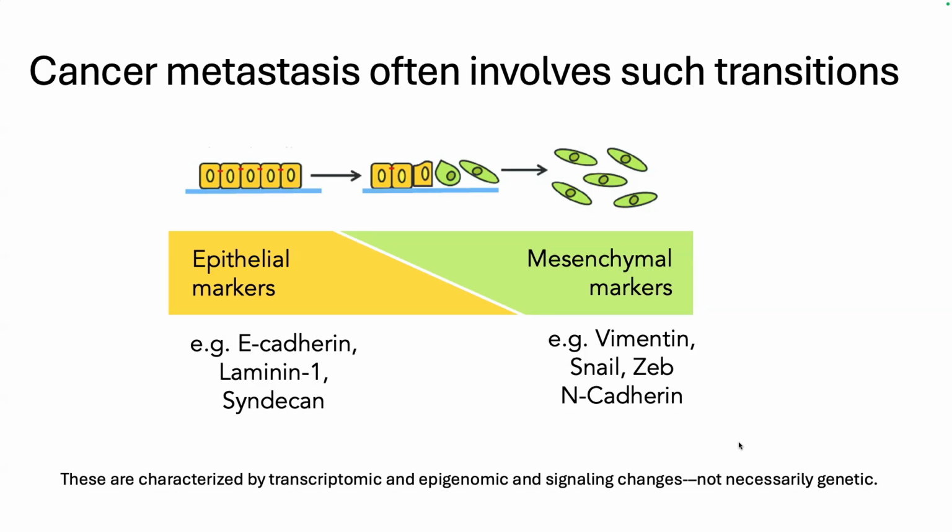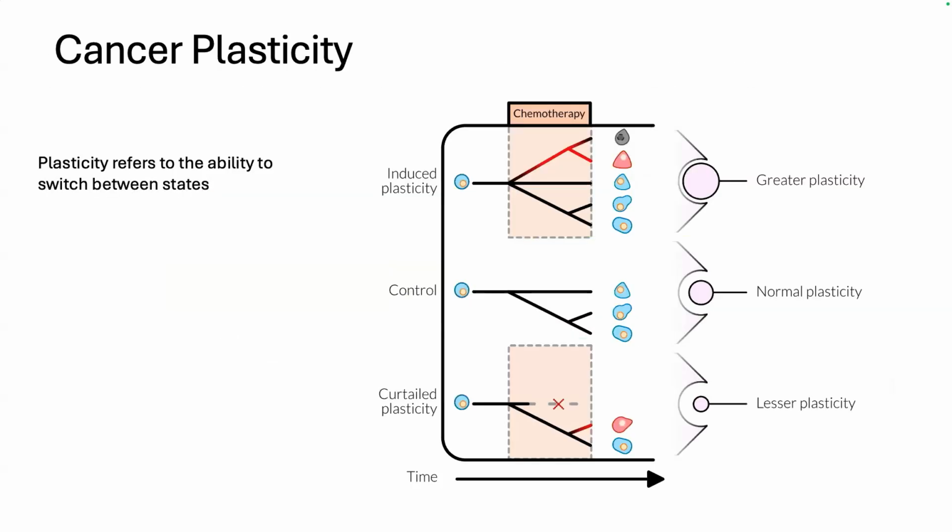And these aren't necessarily genetic, so they don't have to be accompanied by accumulation of mutations. Recently, this has been known under a term that some people find nebulous, called cancer plasticity. In some of the studies that we've read, plasticity refers to the ability to switch states. It's sort of like the potential for the cell to switch states.